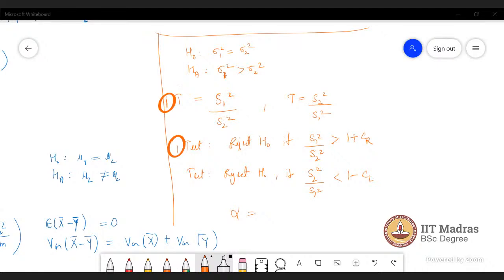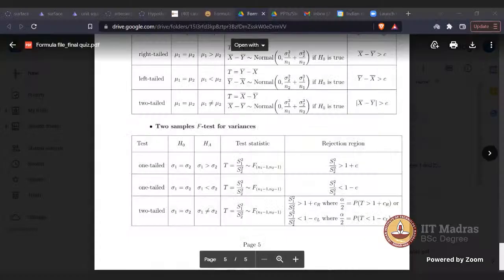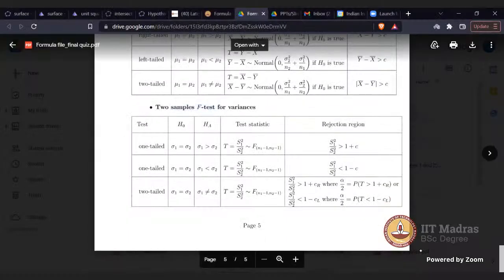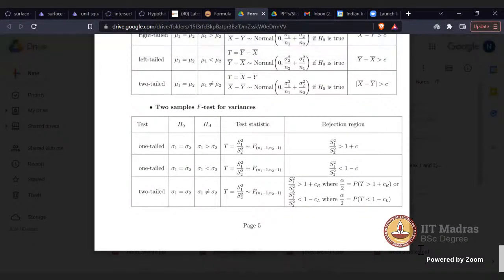Yeah, so in this case, depending on the test statistic, the rejection region has been decided. So you can take anything you want. Let me share the screen. If you look over here, it says for the first case, sigma 1 equals sigma 2 and sigma 1 greater than sigma 2.